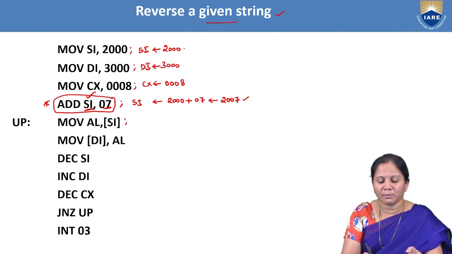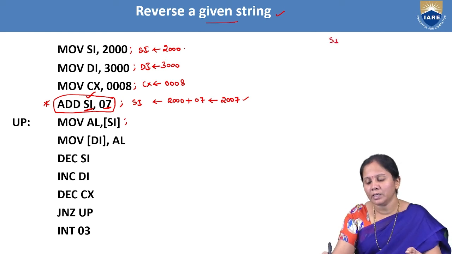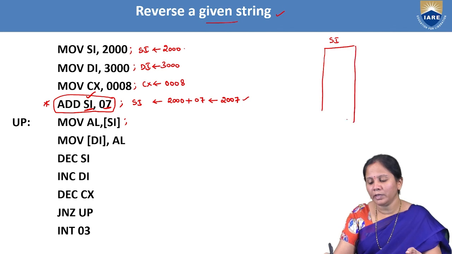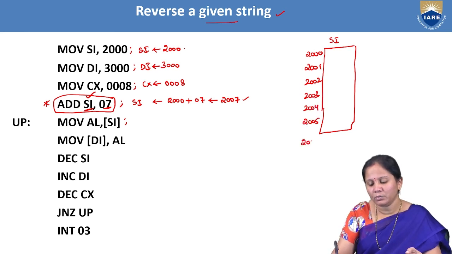And MOV AL, content of SI. Here we have taken SI. So 2000, 2001, 2002, 2003, 2004, 2005, and 2006, 2007.